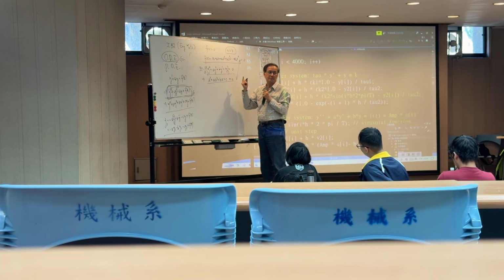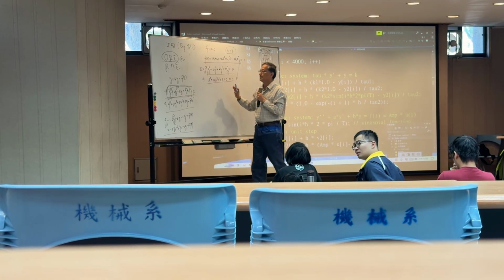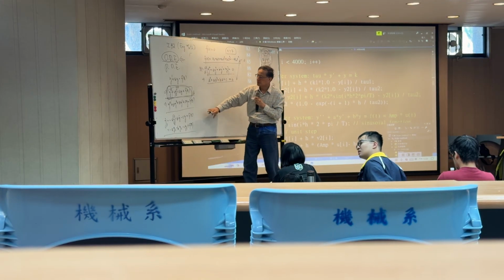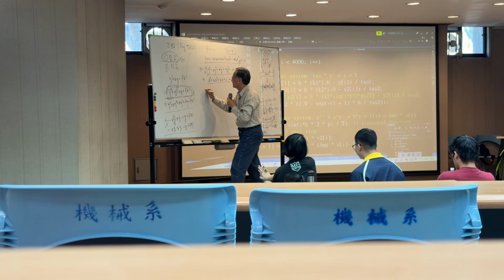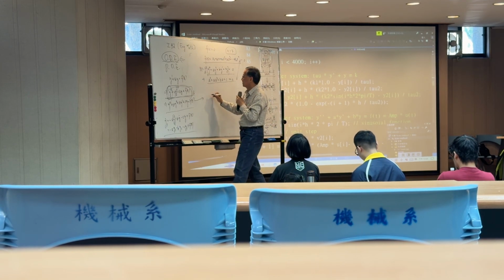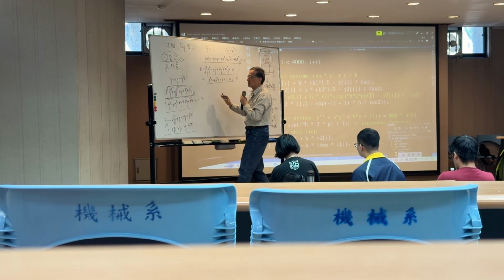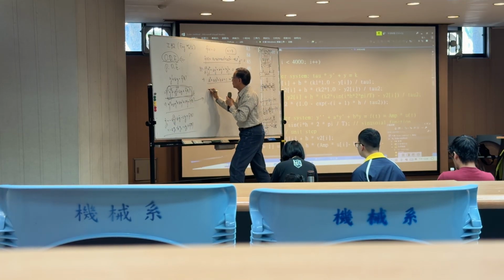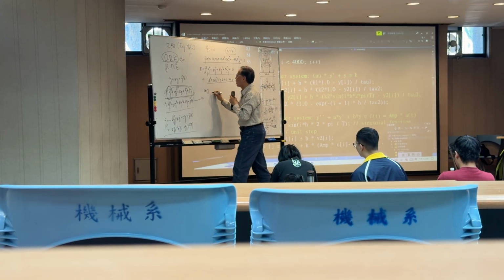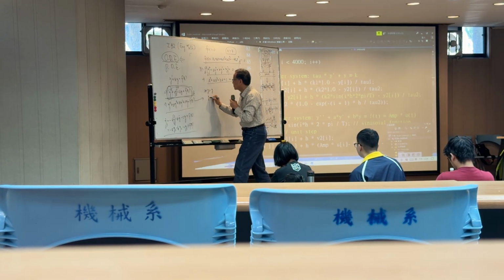To solve this problem, let's take a look. First, remember last class I showed you this. I said solving this is y to this, right? We let y1 equal to y, remember? First one. And then y2 equals y dot, right?